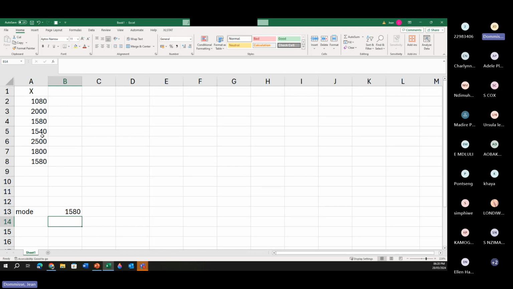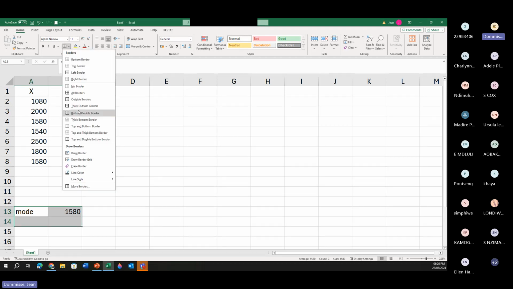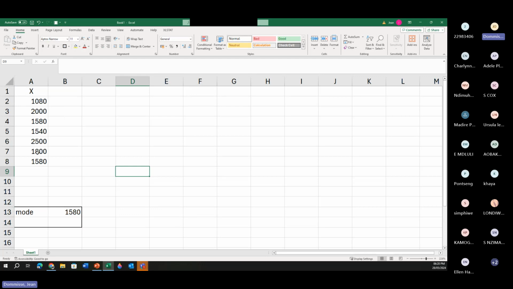If there are two modes, this multi function will pick it up. So let's say that was 2500. Then suddenly your mode will also show that there are actually two modes in this data set.